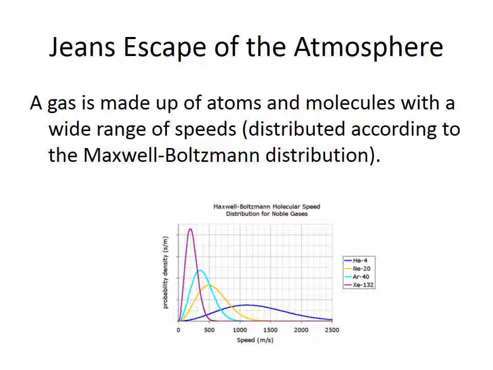The graph shown at the bottom shows the Maxwell-Boltzmann molecular speed distribution for the noble gases, helium, neon, argon, and xenon. Notice that for xenon, the speeds are much lower than for our lighter helium. This implies that since helium is moving so quickly, some of the helium is moving faster than the escape velocity of the planet. Some of it will leave.